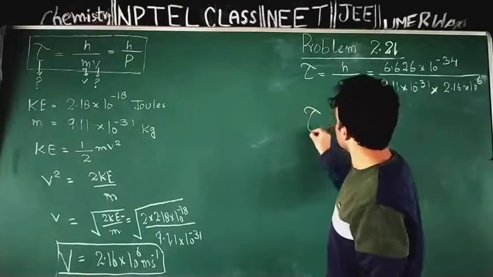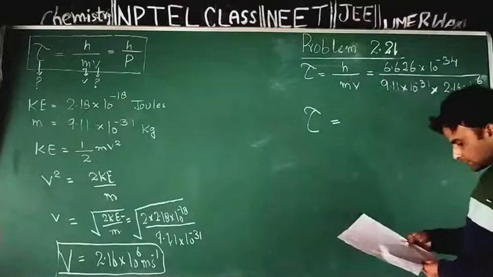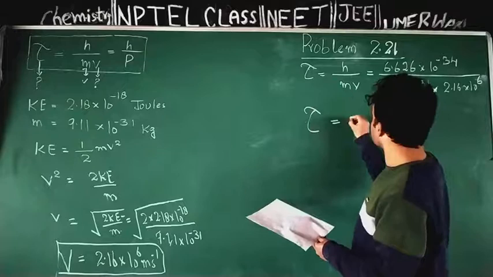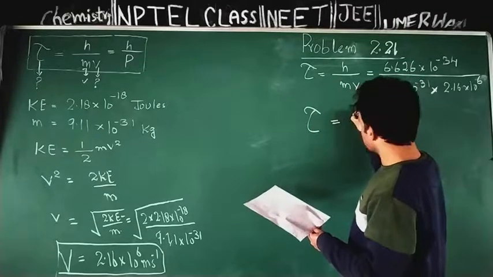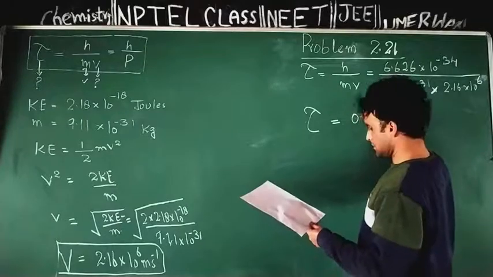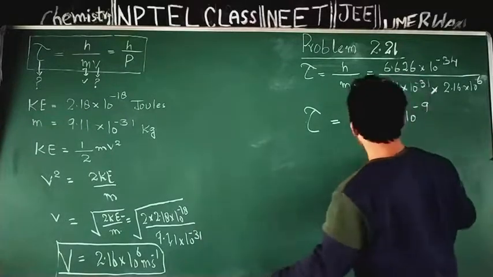Here also I have done my calculations, and wavelength of electron comes equal to 0.33 into 10 to the power minus 9 meter.